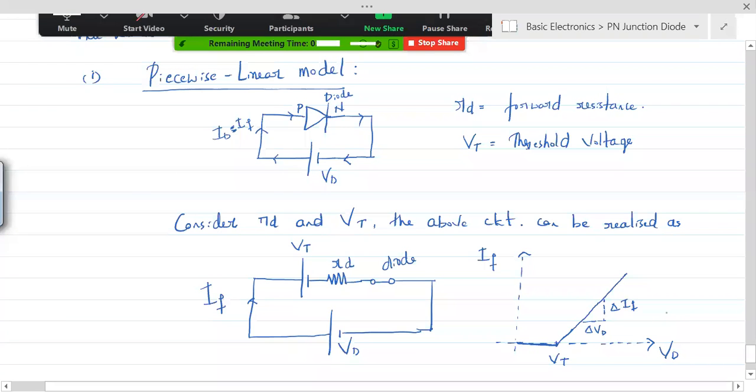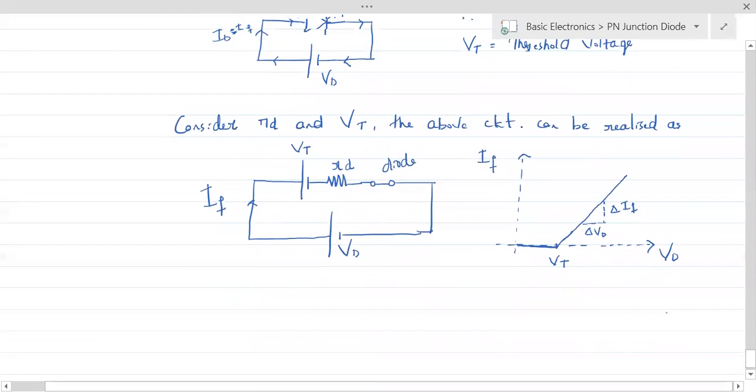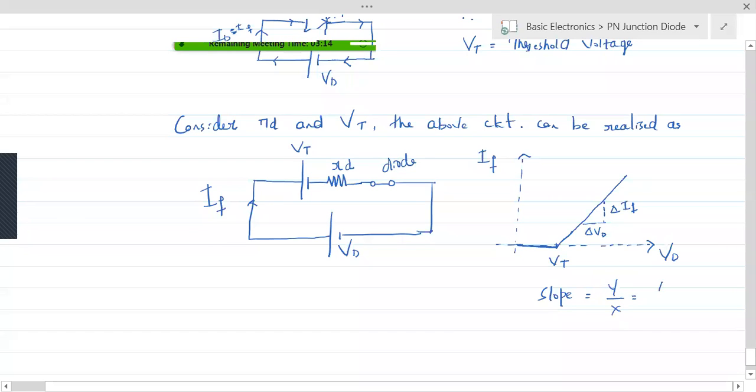What is the slope now? Can anybody tell me? Slope is y by x. That means it is delta IF by delta VD. And this slope tells us that we are considering the forward resistance of the diode also.